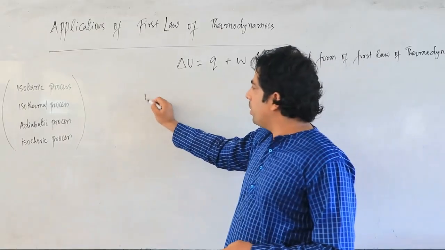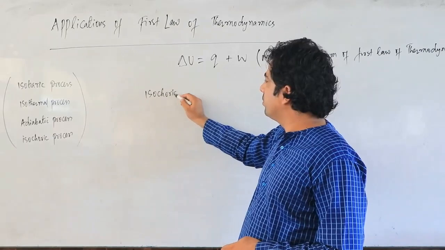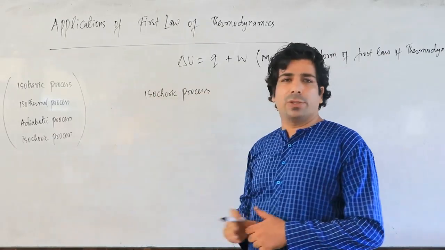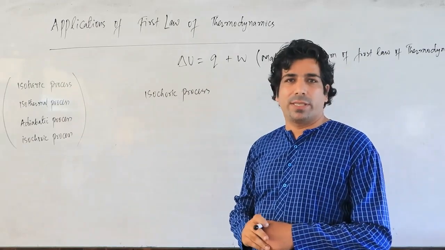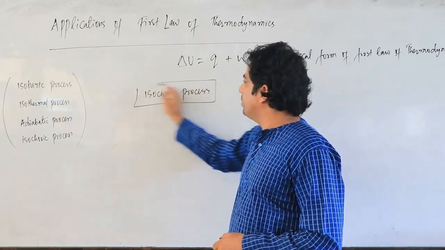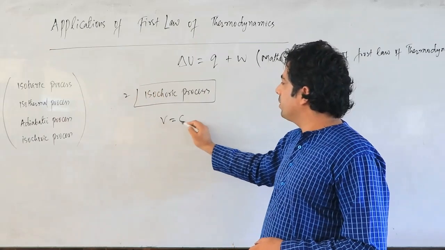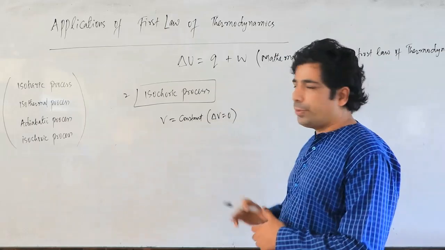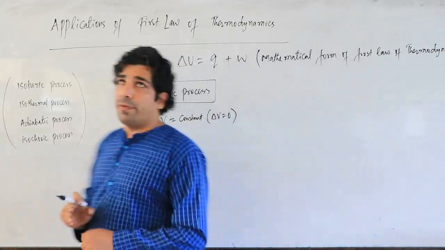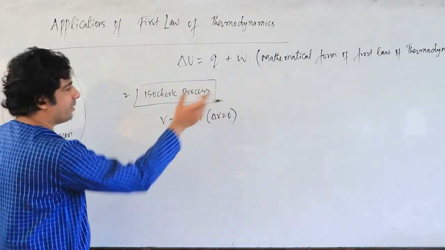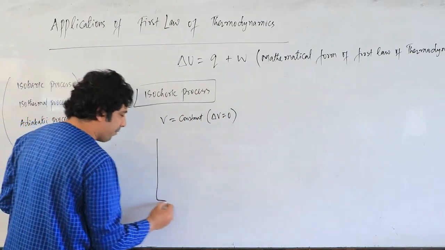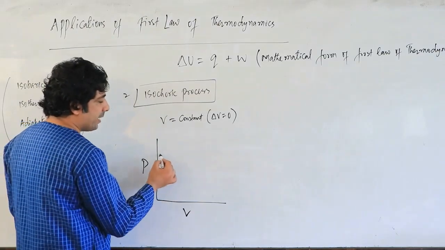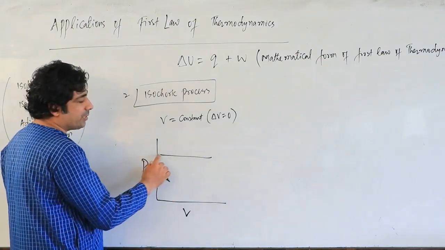So let's talk about the isochoric process. The isochoric process is also called the isovolumetric process. What happens in this process? Volume will be constant, that means change in volume is 0. Let me draw a graph between pressure and volume first. In the previous case, the line meant pressure is constant.